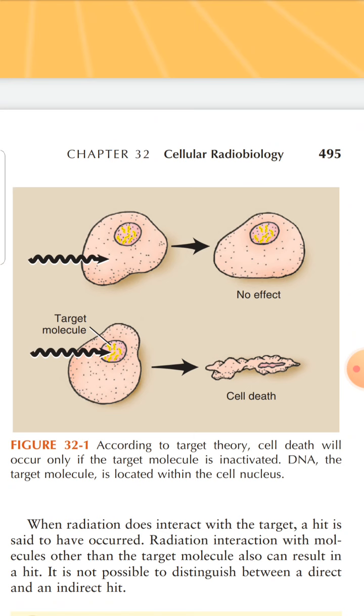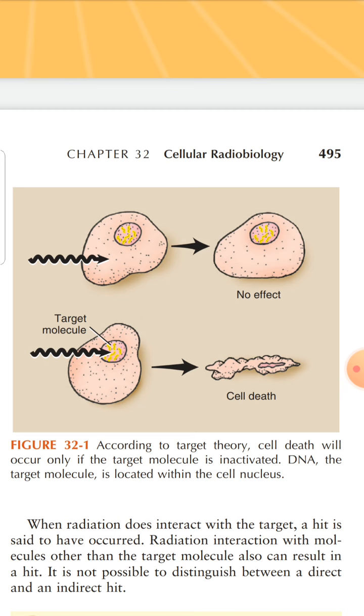You can see a cell here, and when the target molecule is not irradiated, which in this case is DNA, and other molecules that are present in abundance are irradiated by the radiations, there will be other molecules present to work as substitutes for those molecules.